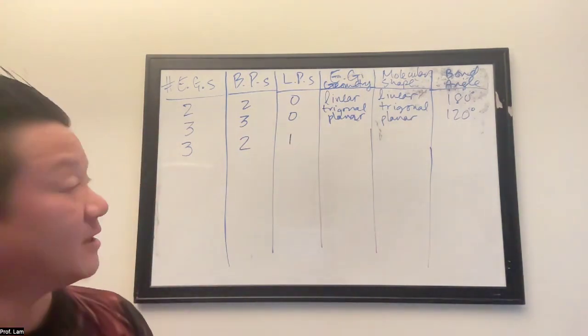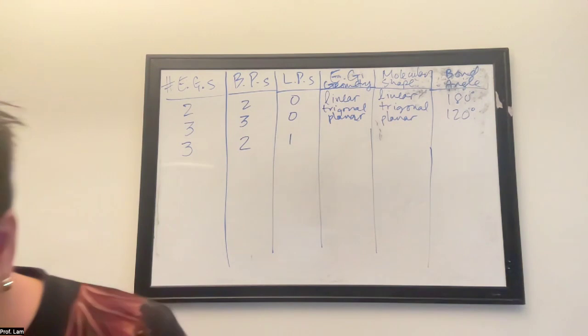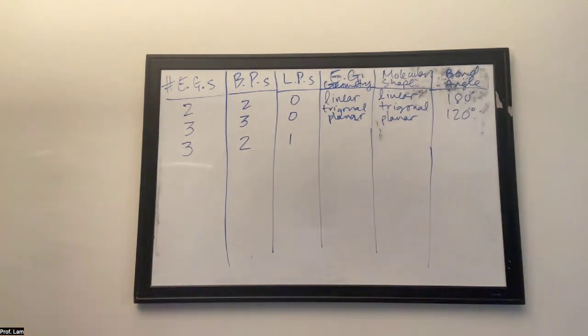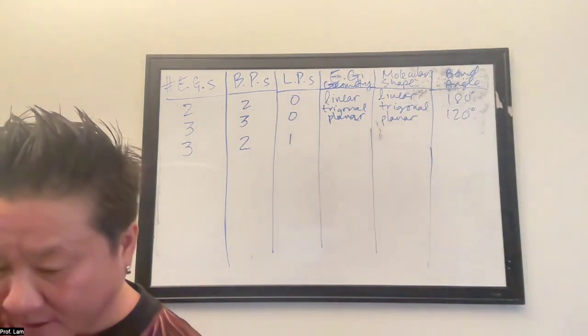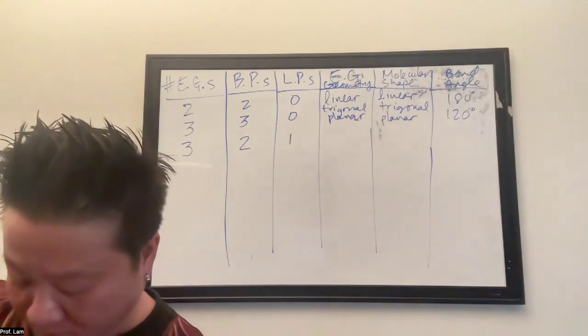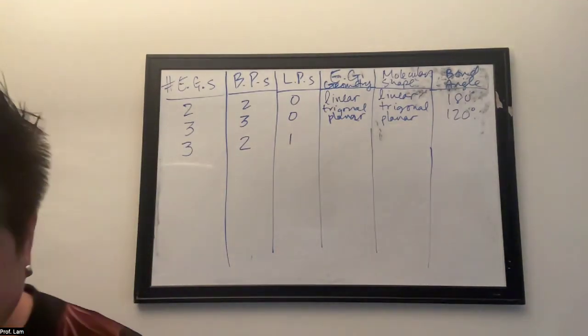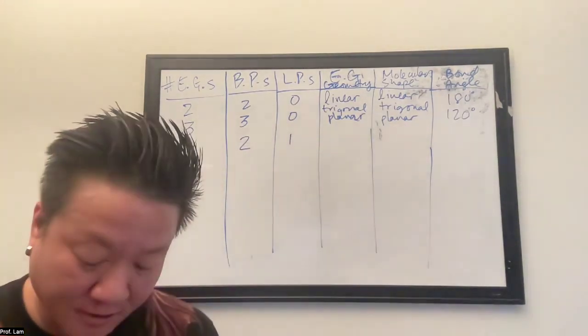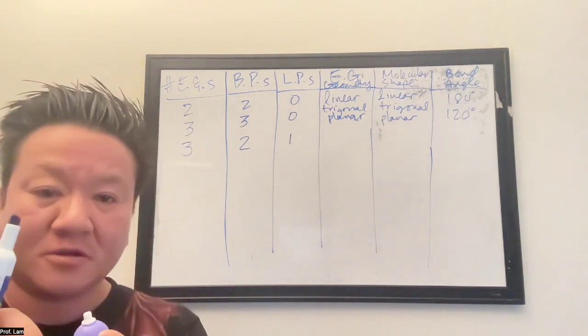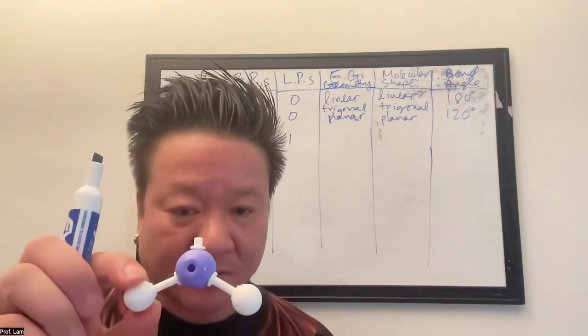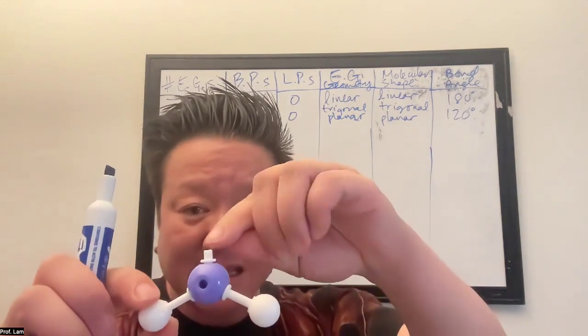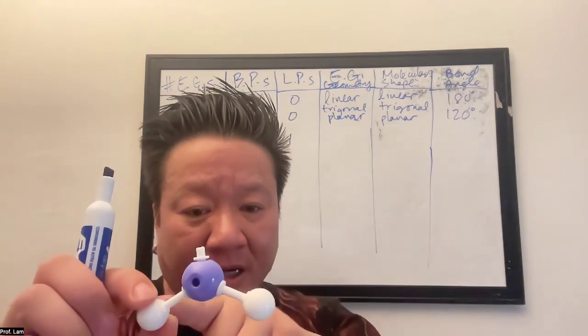Okay. So actually, you know what? I'm gonna switch it over, because I think this will be more visually helpful. So I'm gonna make the lone pair a little shorter. Okay. And that's actually close to the truth because lone pairs lie closer to the central atom than bonded pairs.